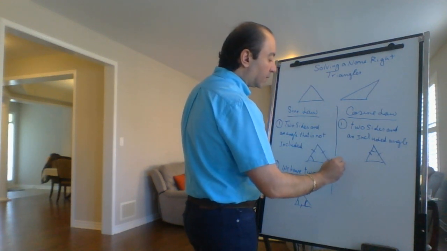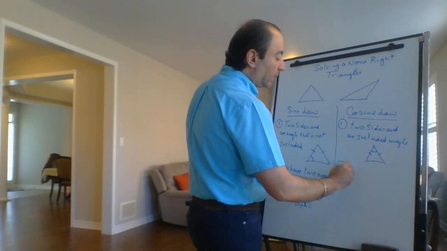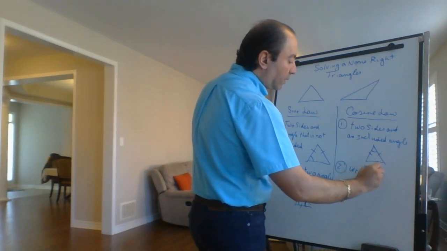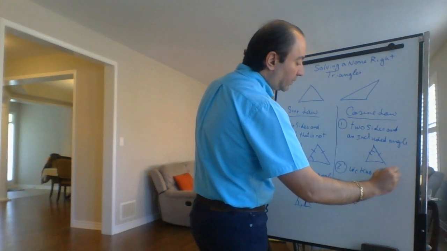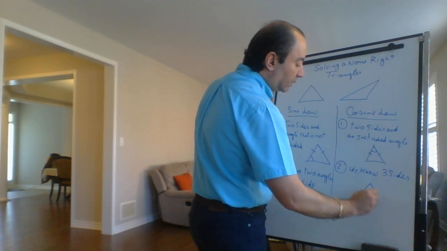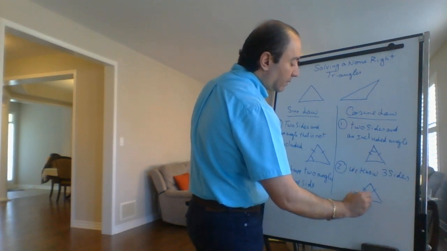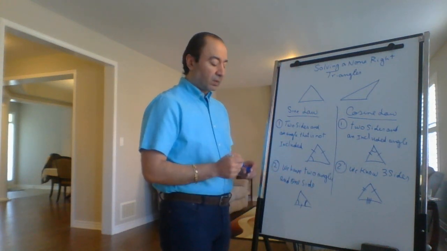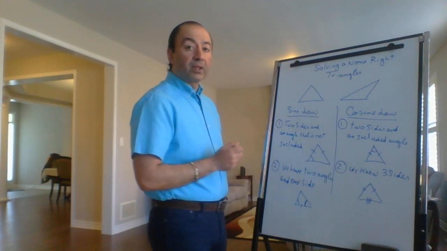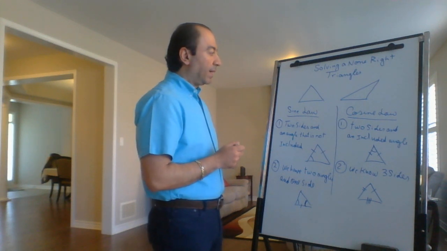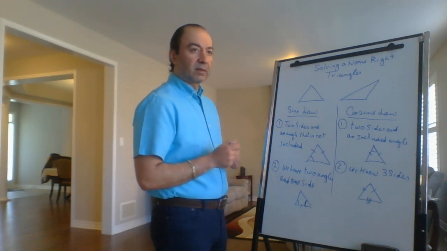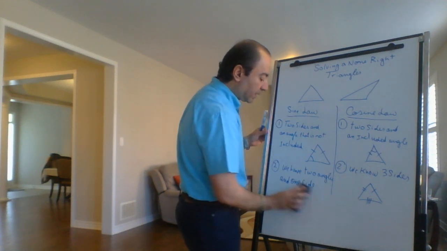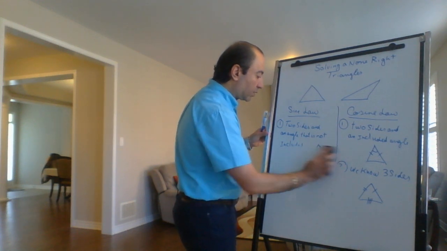And the second case, when we know three sides. If we know the three sides of the triangle and we want to find the angles, we use cosine law. Today we are going to learn sine law, and starting Monday we're going to learn cosine law. Cosine law may take like 2 days. Sine law, we are going to do it today.